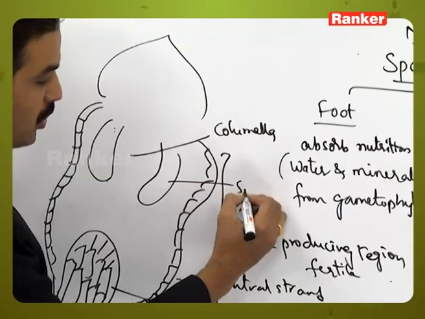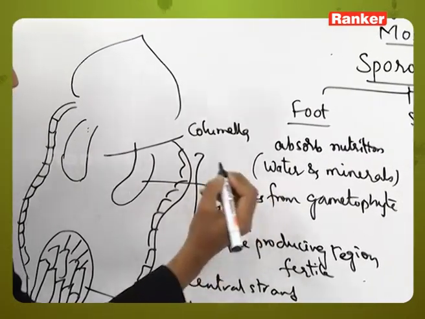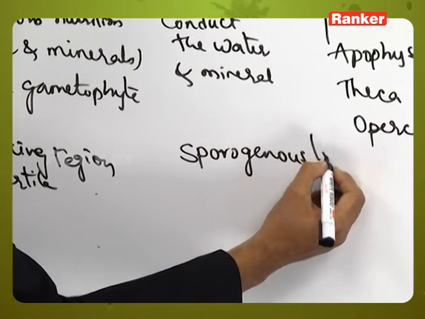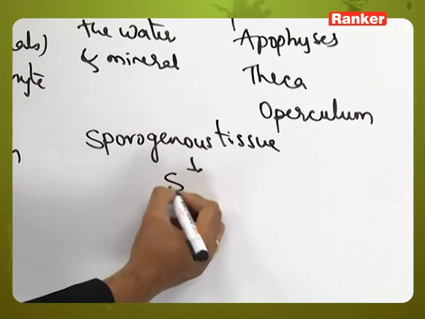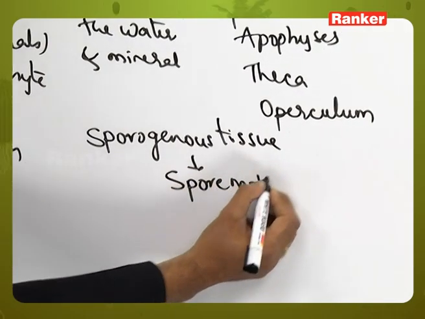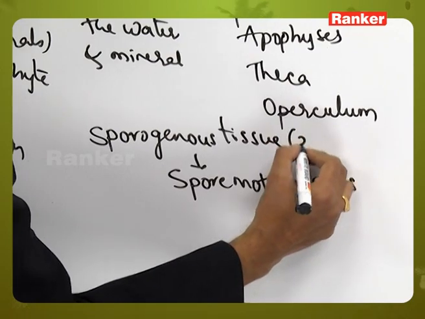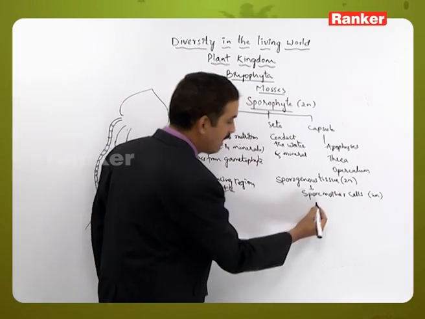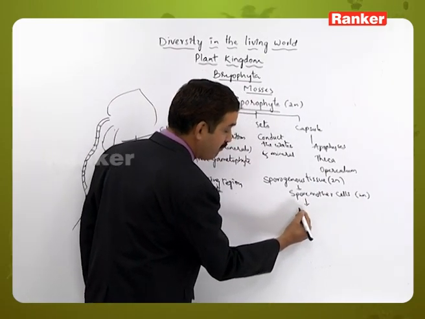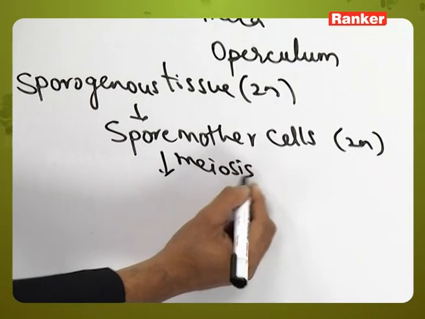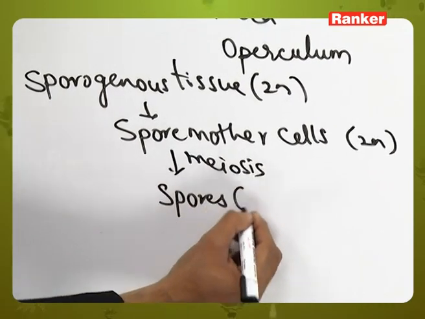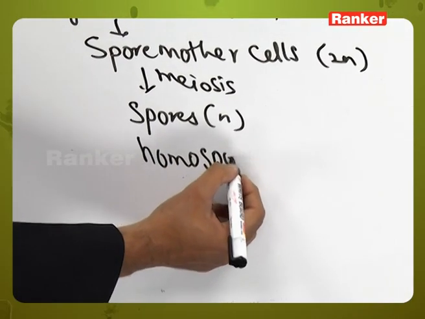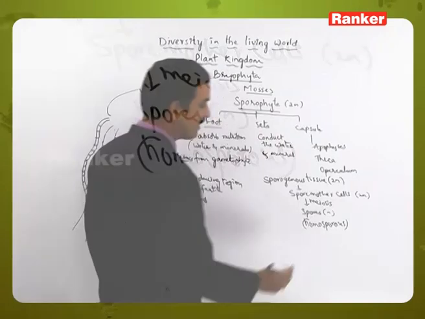This sporogenous tissue will undergo mitosis to produce spore mother cells. As the sporogenous cells are diploid in nature, the spore mother cells are also diploid in nature, and these spore mother cells will undergo meiosis to produce spores which are haploid in nature, and all the spores produced are of a similar type. That is why we call it homosporous in nature.